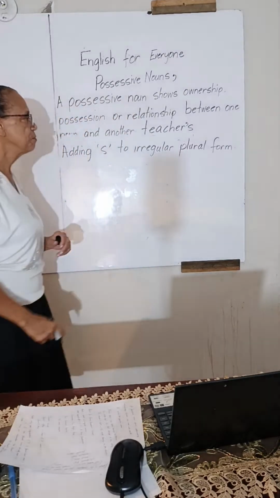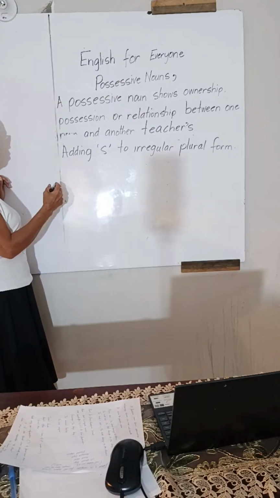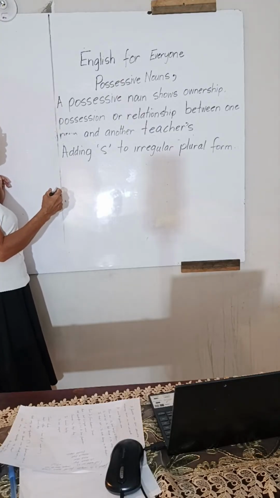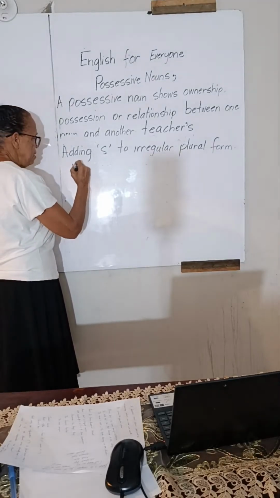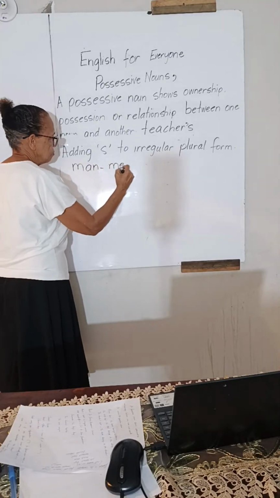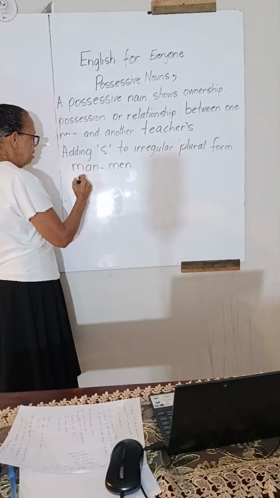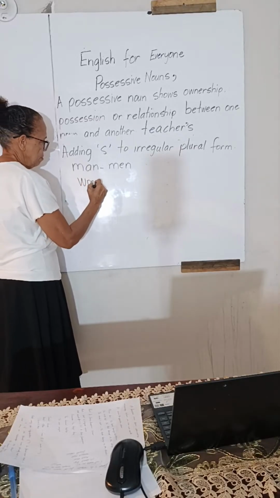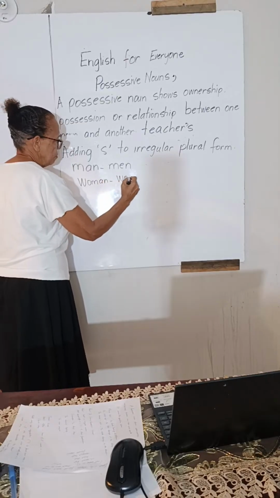All right. Remember some irregular plural forms that we looked at the last time. We look at them like the word man, we say men. We say woman, then women.